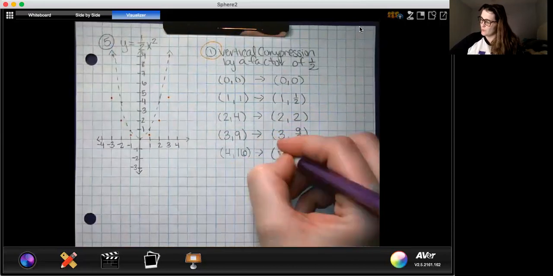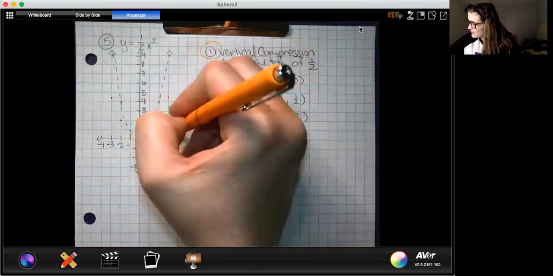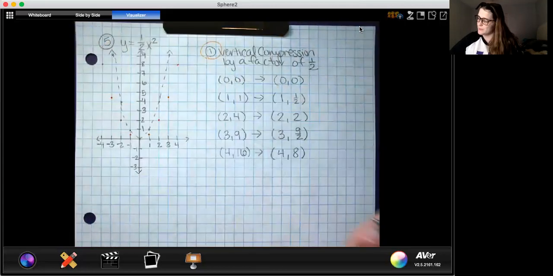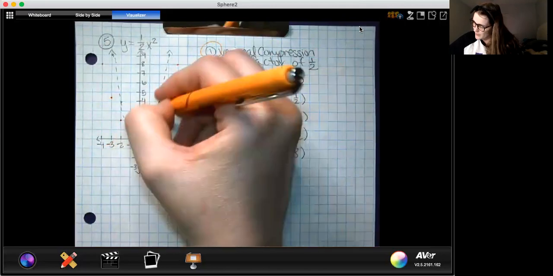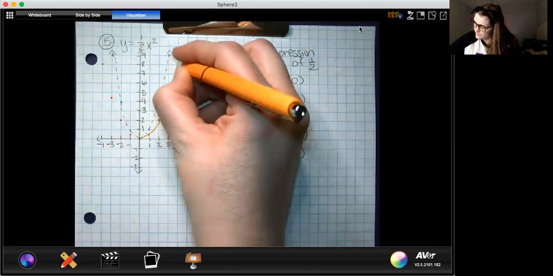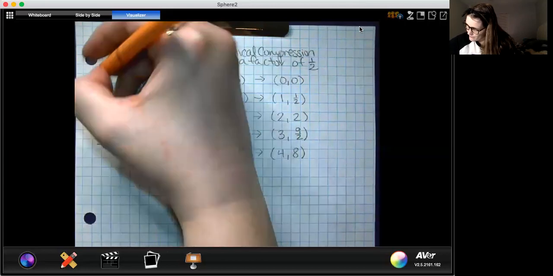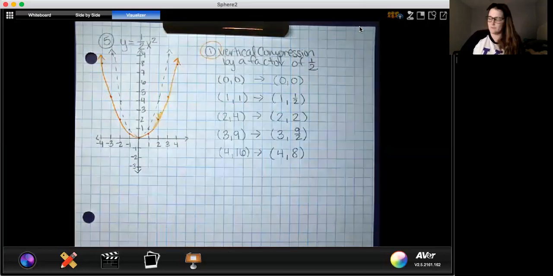So therefore that point would now be 4, 8. Now doing this extra point really helps visualize what's happening here with my graph.